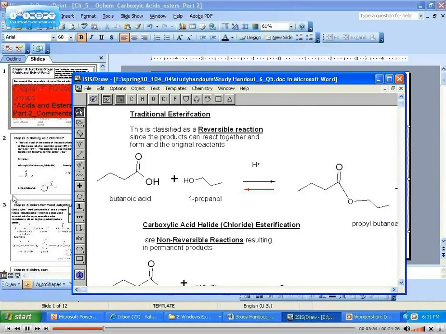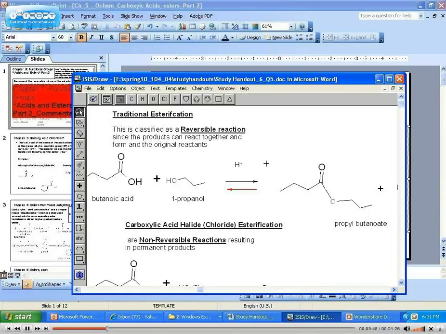So this is a common problem found in industrial chemistry. If we want to make a desired ester product, let's say we want to make a new ester flavoring, for example, we need to make sure that we have a permanent product.